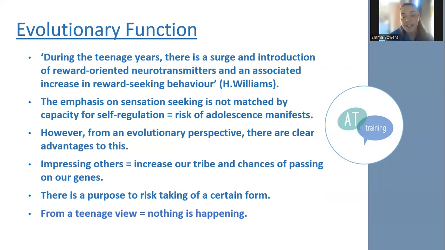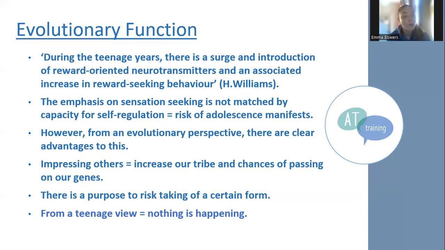So the emphasis is on sensation seeking, but that emphasis is not matched by the capacity for self-regulation, and that's where we see the risk of adolescence manifesting. But from an evolutionary perspective, there are clear advantages to this. Impressing others means we're going to have an increased tribe, and the chances of us passing on our genes are also increased. So it's important to be mindful that there is a purpose to risk taking of a certain form.